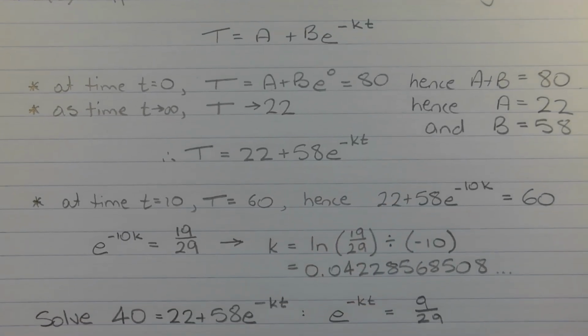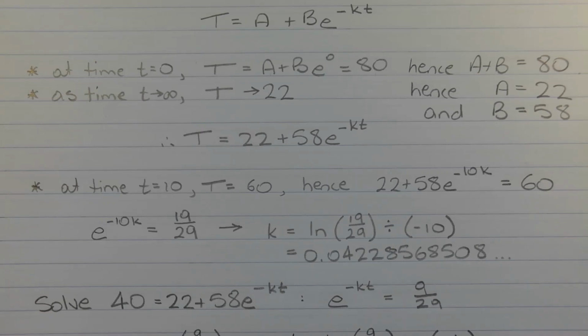Now we need to apply a boundary condition to find the value of k. At time t equals 10, T equals 60. Hence, 22 plus 58 times e to the power of negative 10k equals 60, and we need to solve for k.